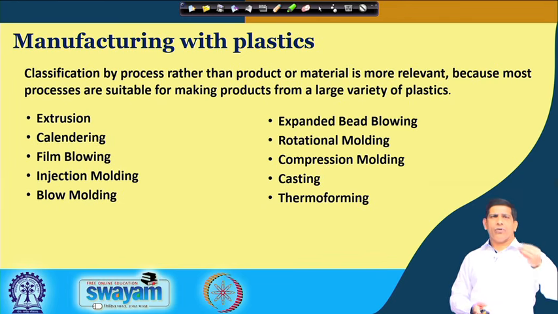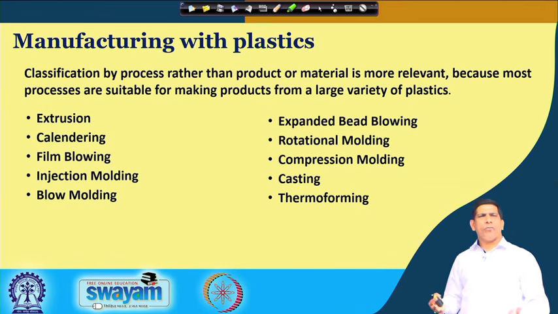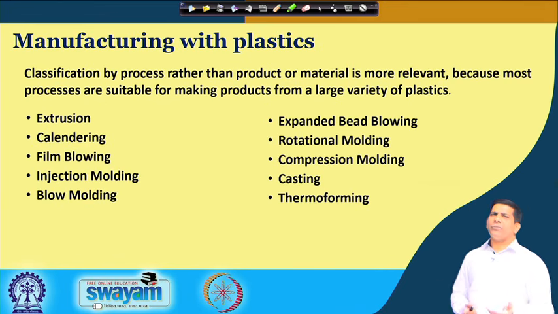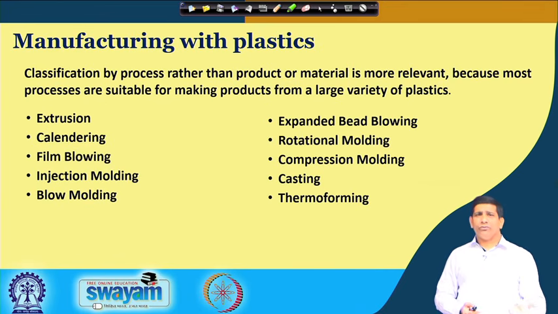We will talk about it in a minute, and then continue in the next video. We can do manufacturing in a variety of ways: extrusion, calendaring, film blowing, injection molding, blow molding, bead blowing, rotational molding, compression molding, casting, thermoforming. These terms are not new and not specific to plastic.